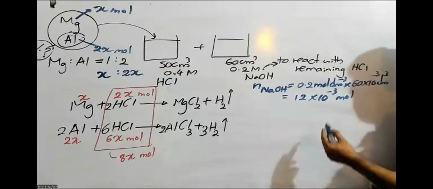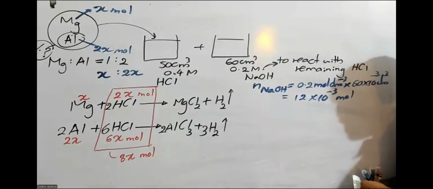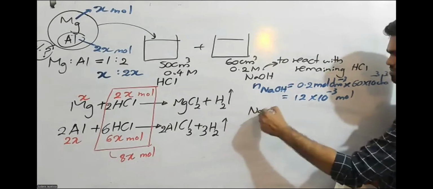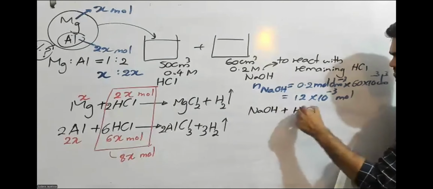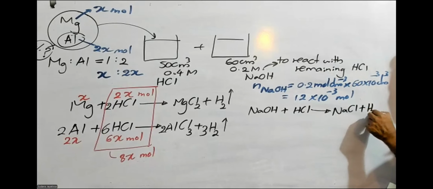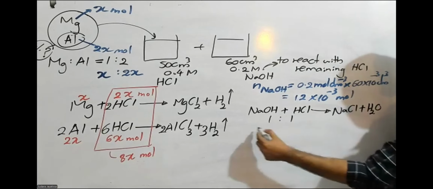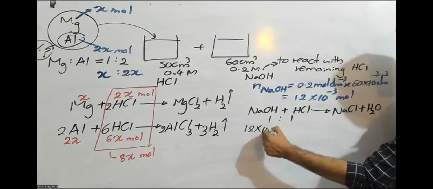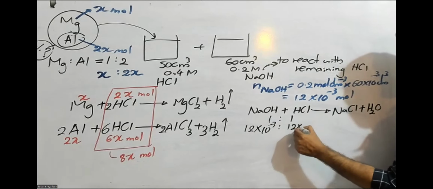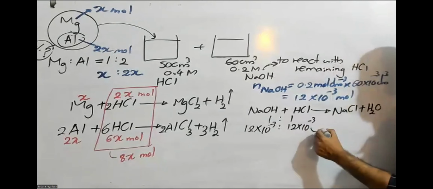That is the NaOH consumed. And that NaOH is reacting with HCl, no? And it is giving you this reaction, and they react in 1:1 ratio. So if you had 12 into 10 to the power minus 3 of NaOH, that means 12 into 10 to the power minus 3 of HCl remain.